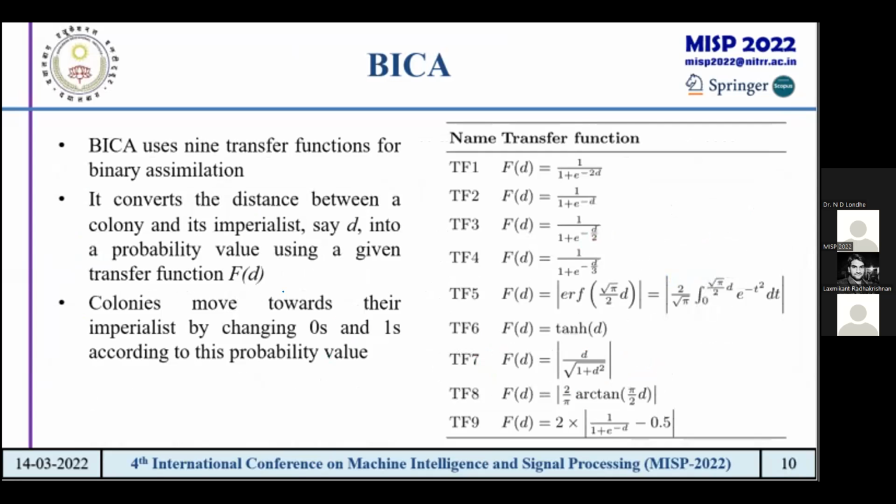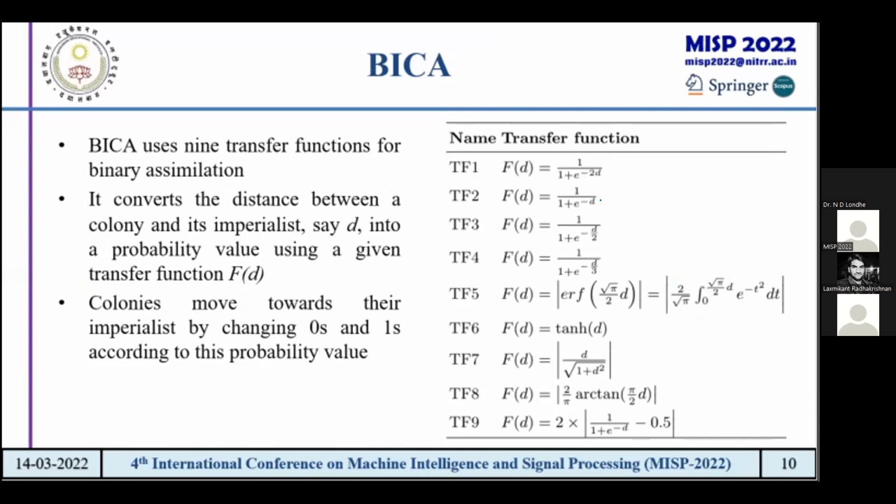BICA is a binary version of ICA proposed by Mirjalili and others in 2017. It uses these tabulated 9 transfer functions for binary assimilation. These functions actually convert the distance between a colony and its imperialist into a probability value.